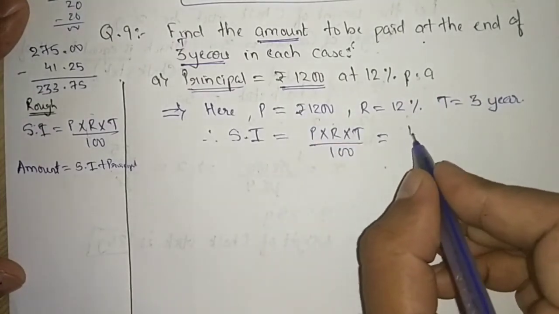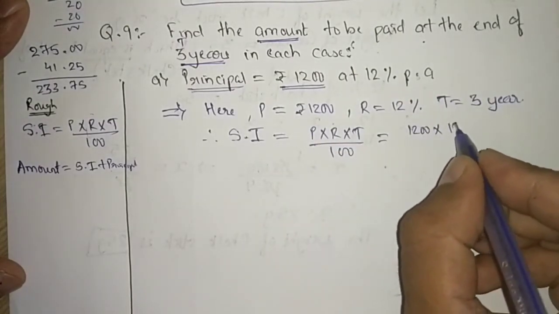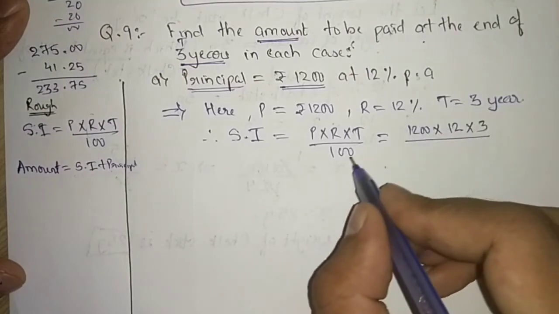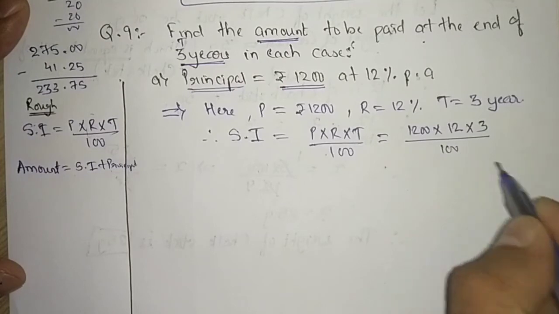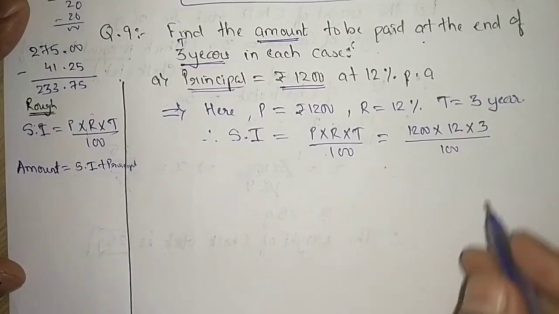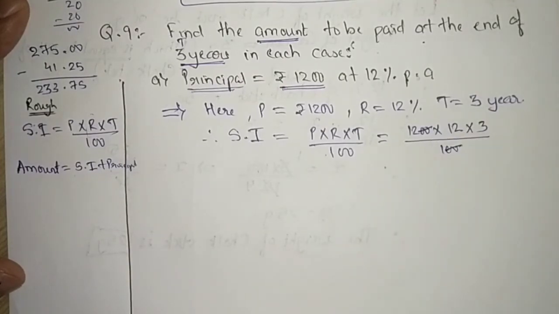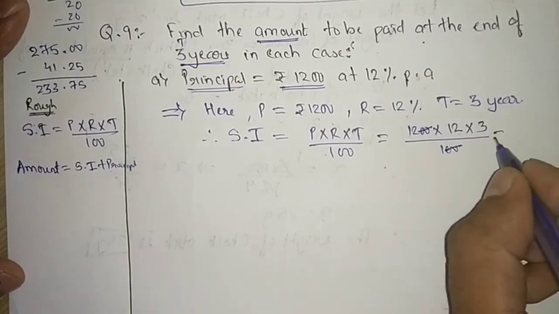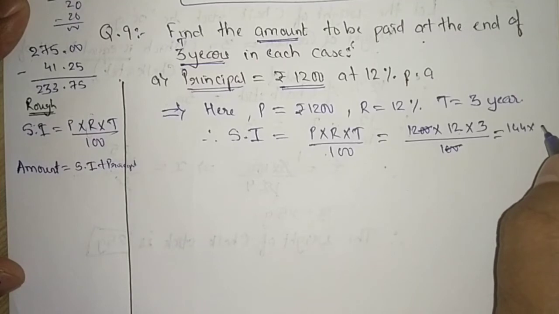P is 1200, R is 12 and T is 3 years. 00 will cancel out. 12 is 144 into 3.